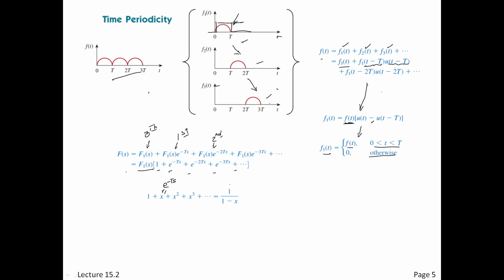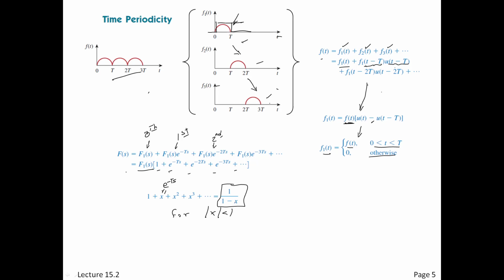This can all be captured in the series as 1 over 1 minus x, right? And so we can say this holds for the magnitude of x less than 1. If the magnitude of x gets greater than 1, this is going to get negative.